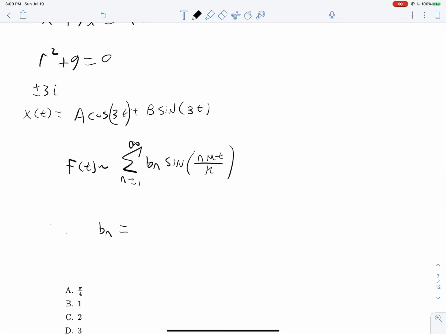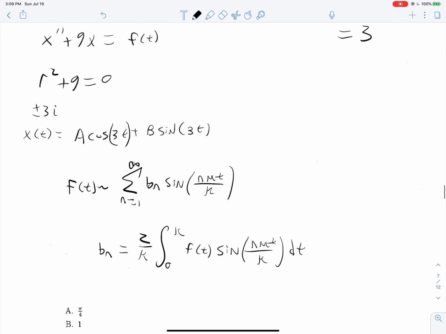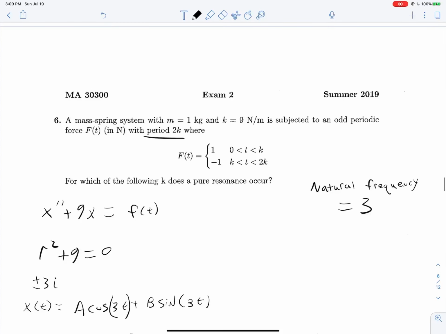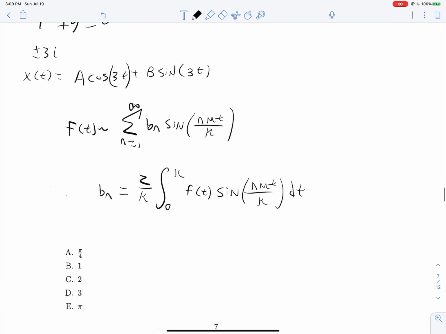Now bn, like usual for a sine series, is 2 over L, which is k, integral from 0 to k of f of t sine n pi t over k dt, where f of t on the interval from 0 to k just evaluates to 1, like they tell us right there. So we can replace that just fine.